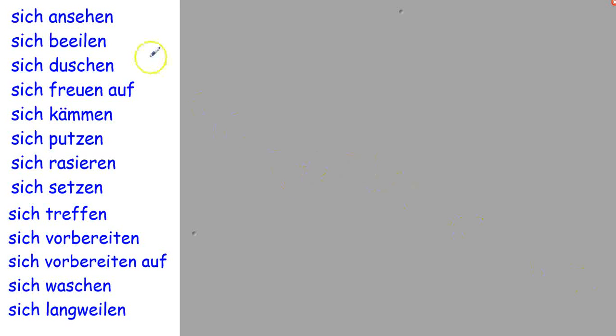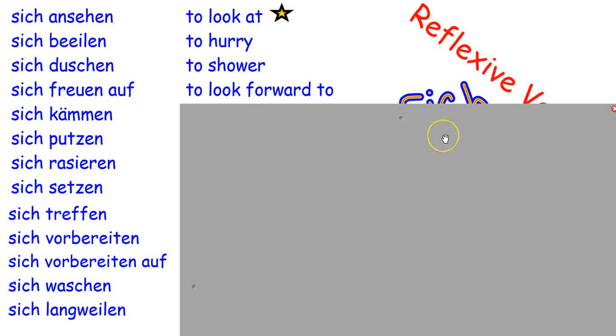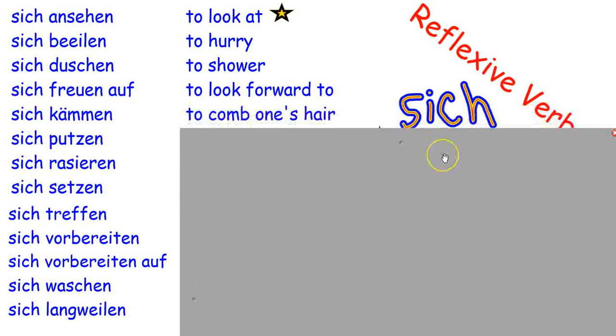So here are some that we should take a look at. Ones that I think are good to know. Sich ansehen, to look at. Sich beeilen, to hurry. Sich duschen, to shower. Sich freuen auf, to look forward to. Sich kämmen, to comb one's hair.